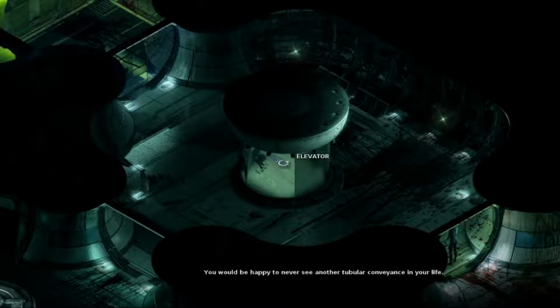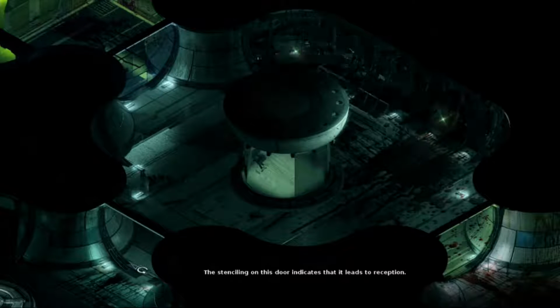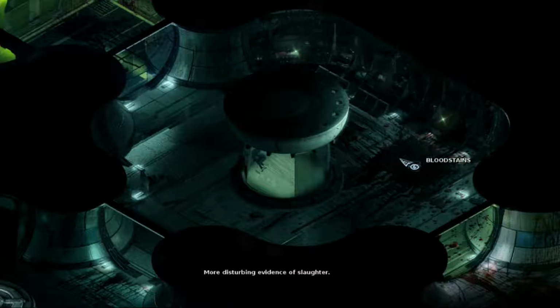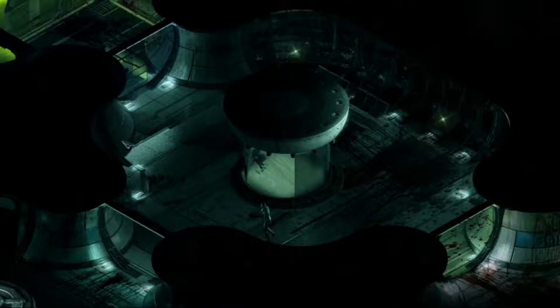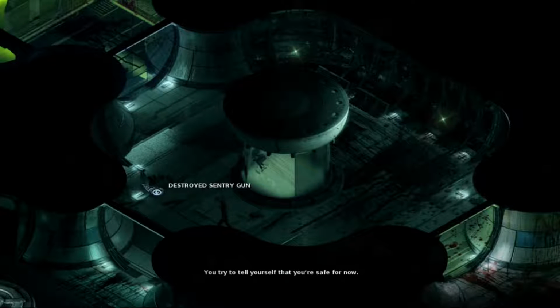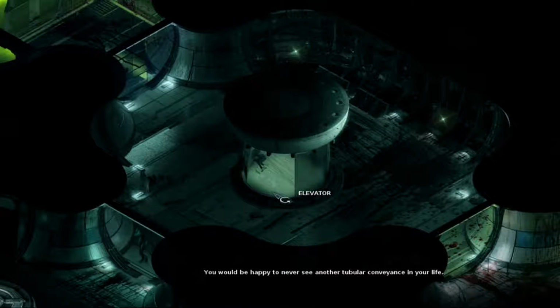So now we can go to the elevator. But let me see this. Let me see if there's anything we can do here. Portal, the PDAs. I don't know if there's anything we can do other than just go to the elevator.